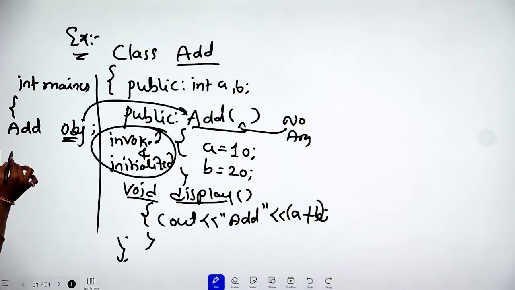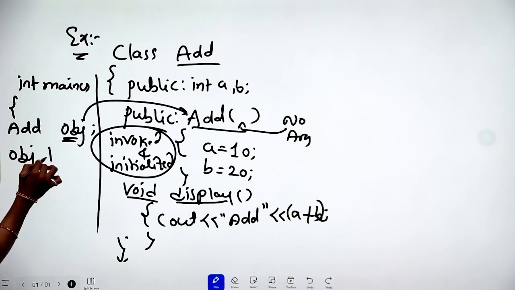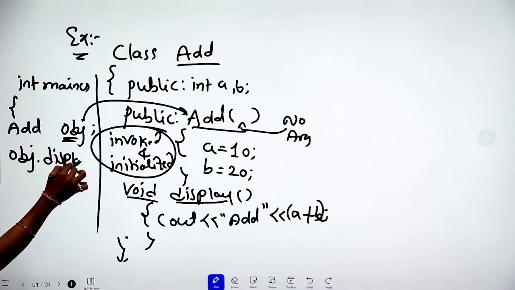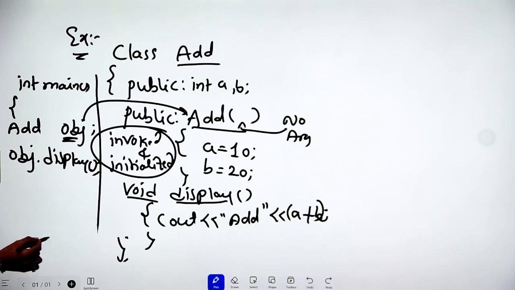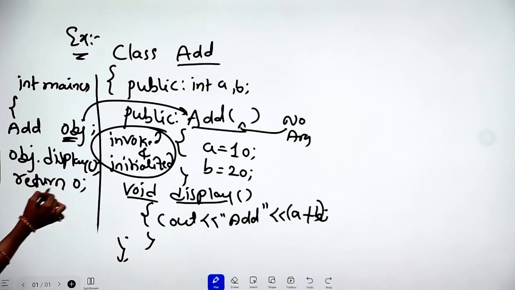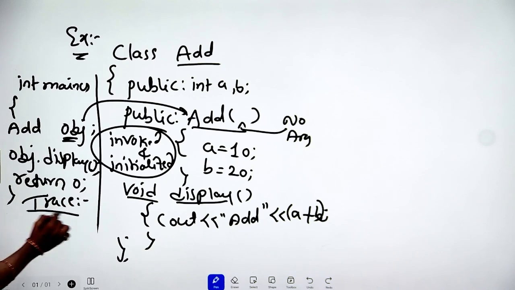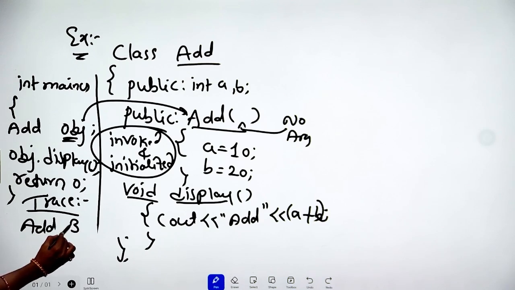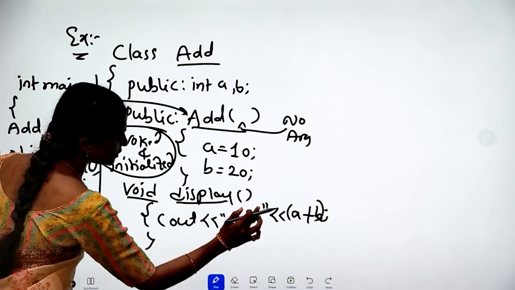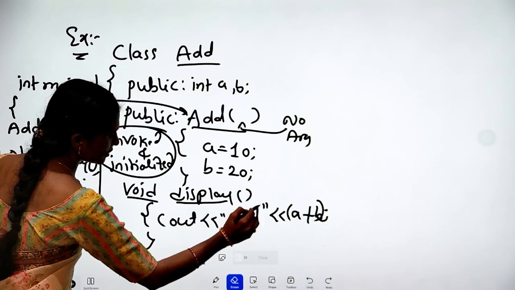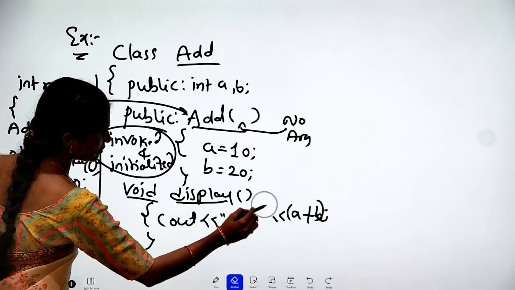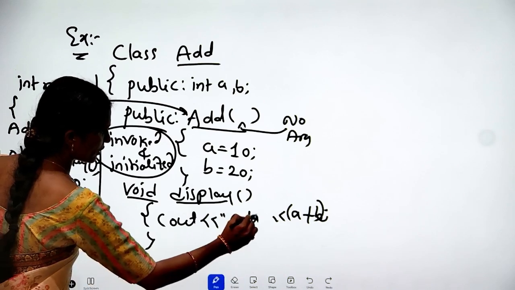Now I will call the object dot method name, then return zero. So when you run this program, you will get the output.